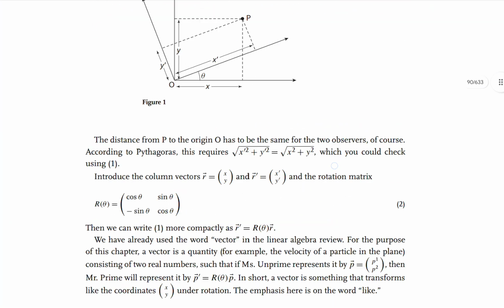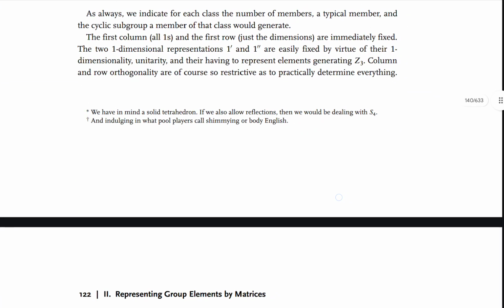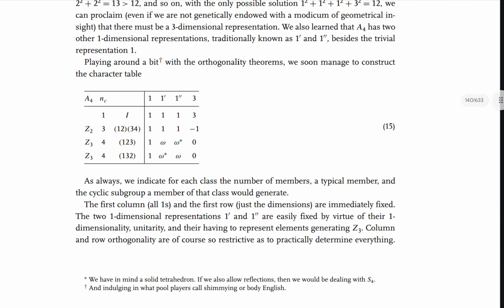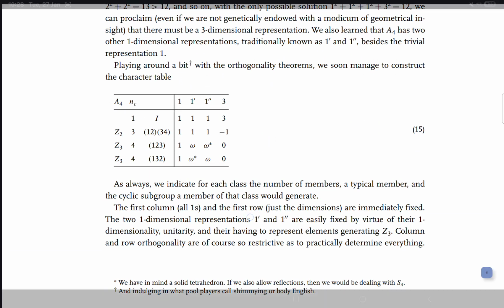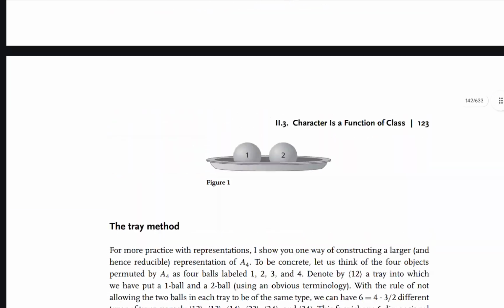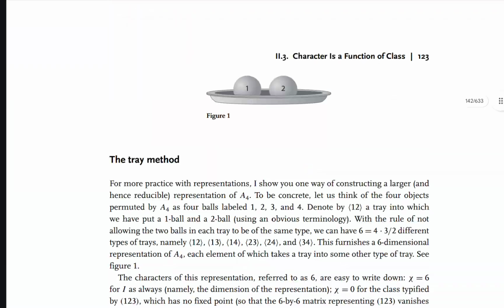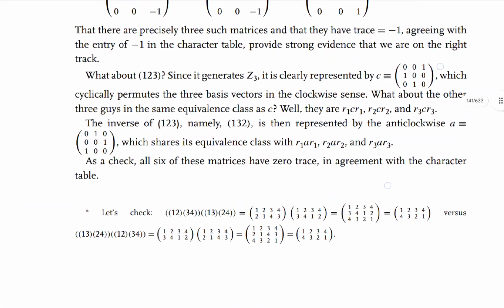Relations and items of Lie algebra. I haven't gone through Lie algebra much, so I can't comment on it. But let's see what else we have. I think that's all for now. I don't have much idea of anything else.